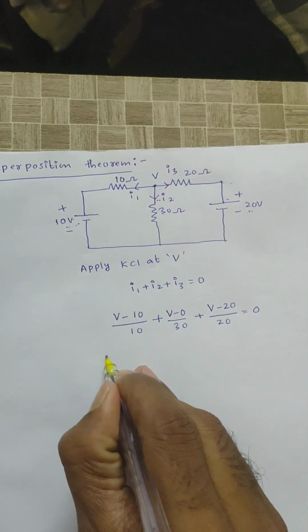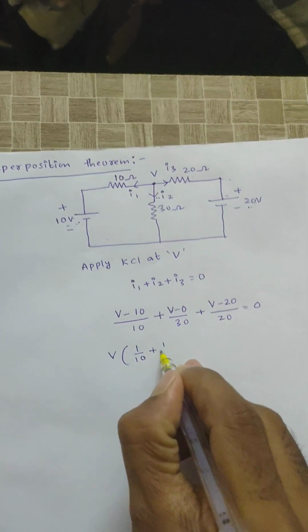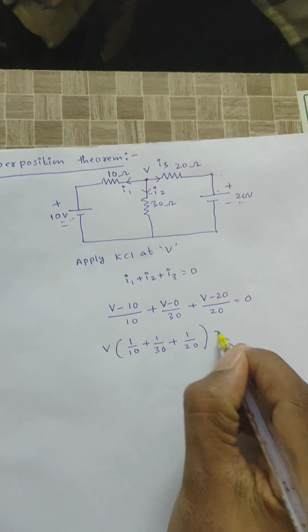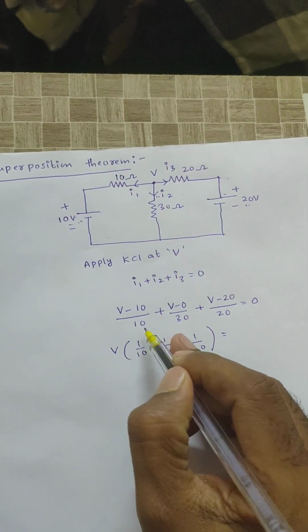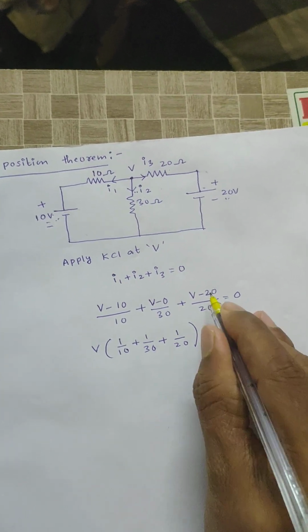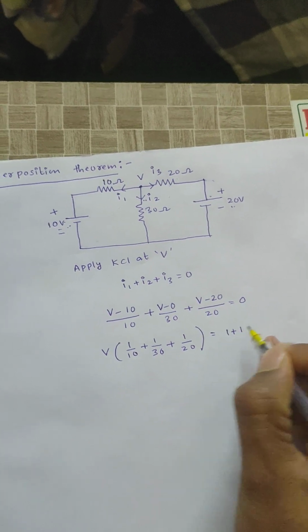If I take V as common, 1 by 10 plus 1 by 30 plus 1 by 20 is equal to, on the RHS, 10 by 10 which gives 1, and 20 by 20 which gives 1, so again 1.